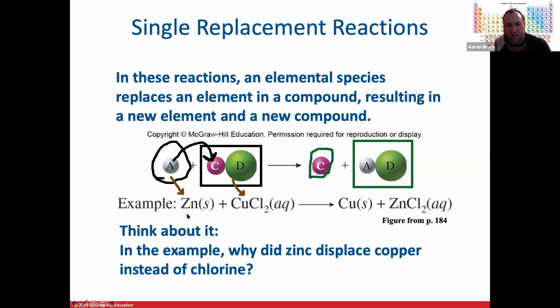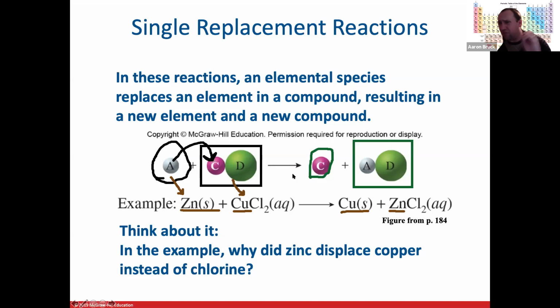We can see in this case, it is the zinc metal that is going to replace the copper metal and give us copper metal solid and zinc chloride as the other product. Why did the zinc replace the copper instead of the chlorine? Because the zinc and the copper both have similar kinds of properties. They're both metals. They both form positive charges. That's the driving force here.